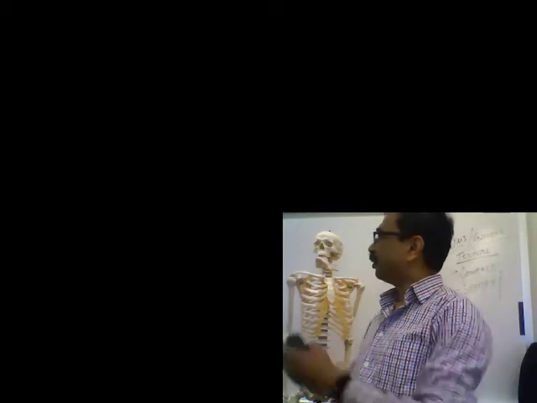And these are for the passage of the nerves, blood vessels, or to hold some important organs or structures. That's the definition, right? So for all these, the definition is how they look.